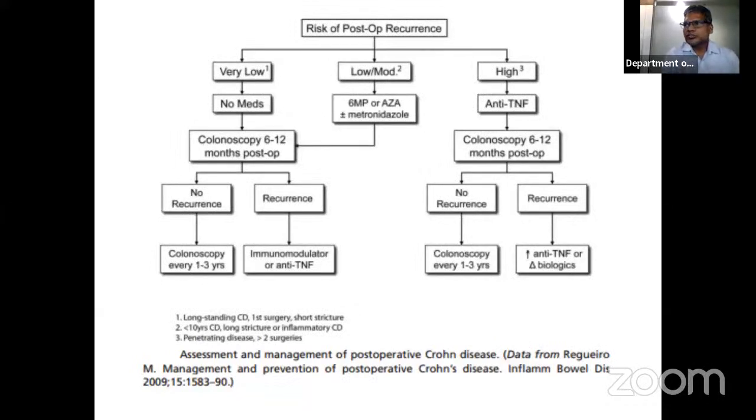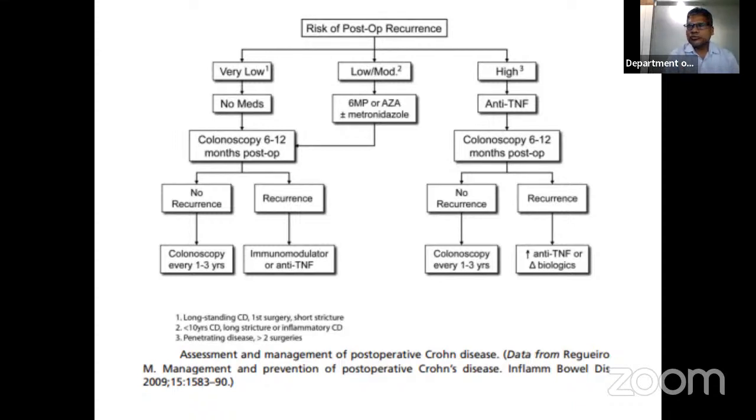Now, this is the flow chart showing the risk of post-operative recurrence. It could be very low, low or moderate, or high. The very low risk group includes patients who have long-standing Crohn's disease of more than 10 years duration, first surgery at the time of presentation, and a short stricture.